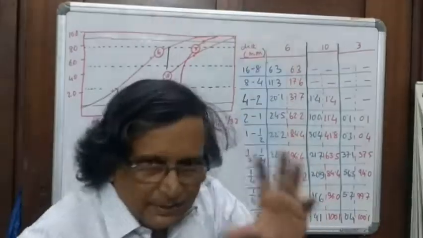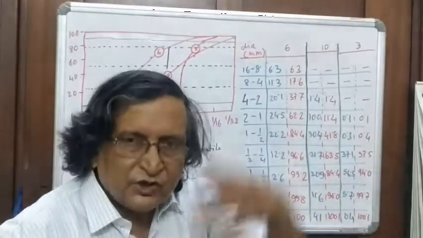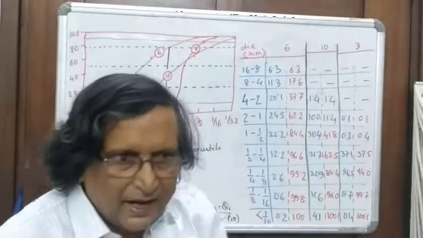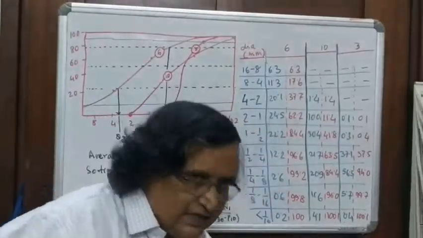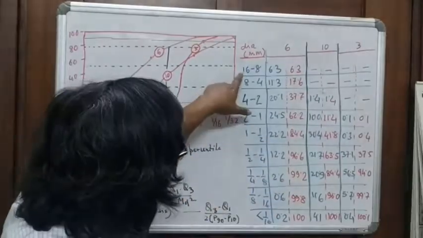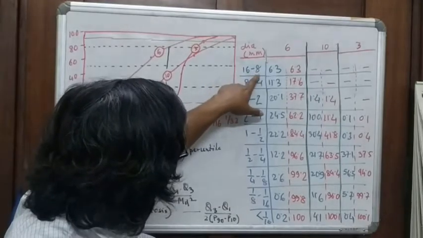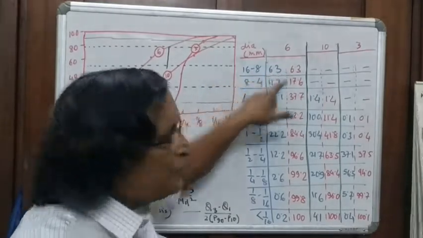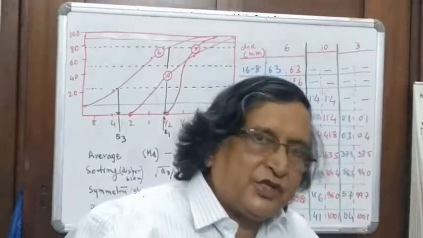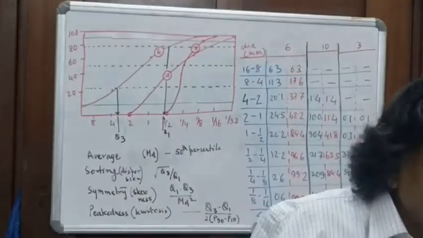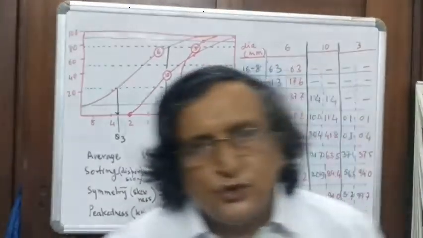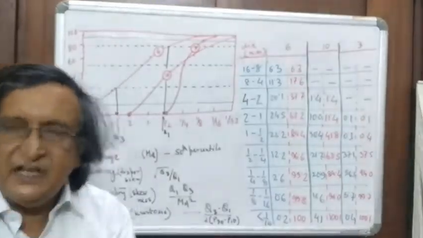You take some amount, 5 grams or 10 grams, and collect it in different sieves. So in the size range 16 to 8, 6.3 weight percentage of sediment was collected between these two sieves, limited by 16 and 8 millimeters.